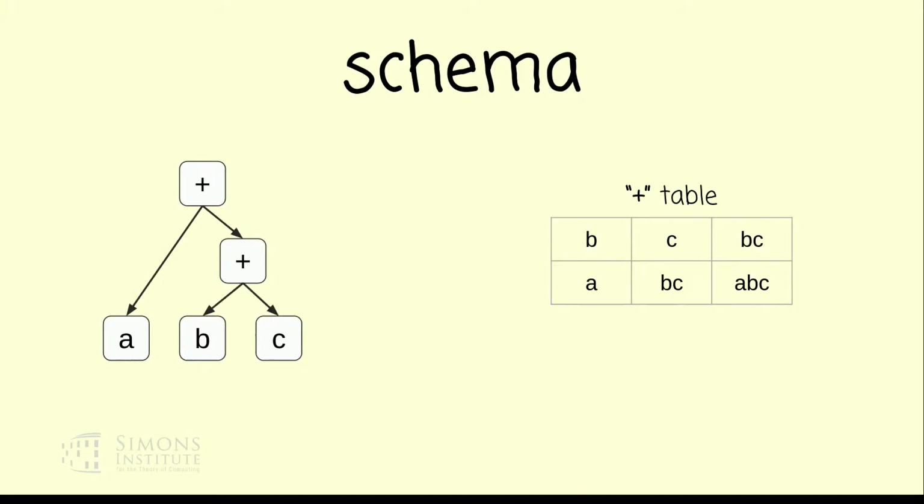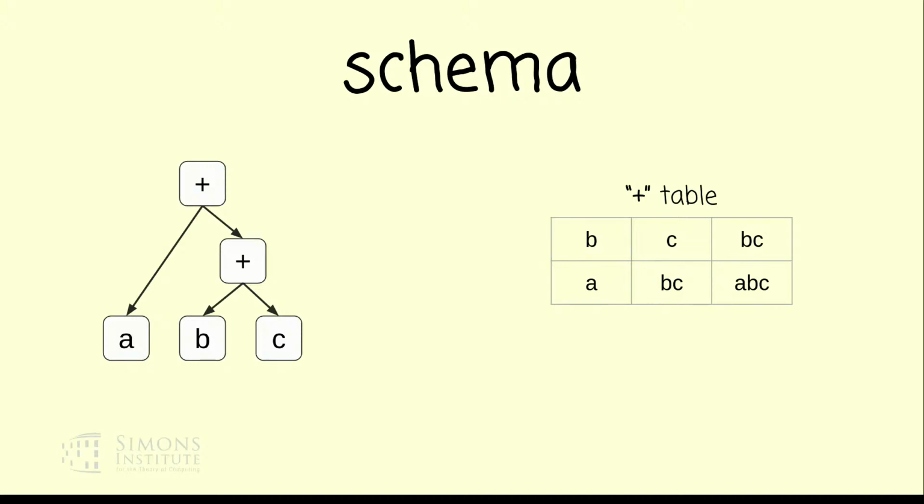We're going to have a table where there are n+1 columns, where n is the arity of the function, right? So the first two columns are going to be the inputs to each function. Each row is going to be a node in our AST. So I think this one corresponds to this one, and this plus corresponds to this row.